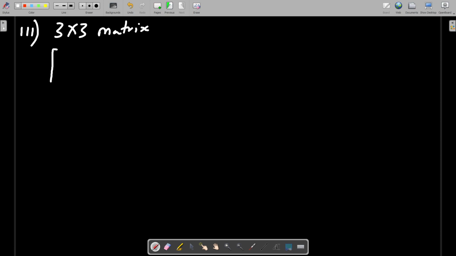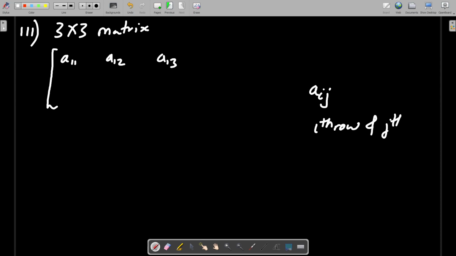So let us take a 3 cross 3 matrix. I'll write the entries like this: A11, A12, A13. What does this notation mean? If I have Aij, it means the element lies in the ith row and jth column. So A11 means first row, first column.